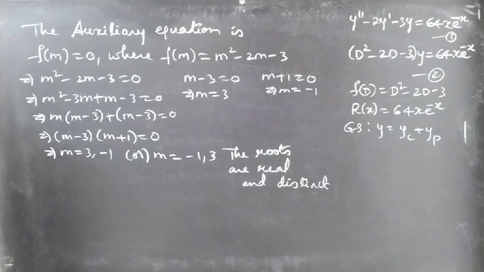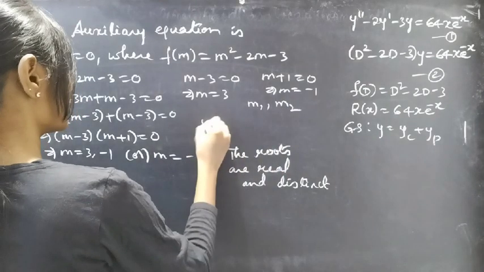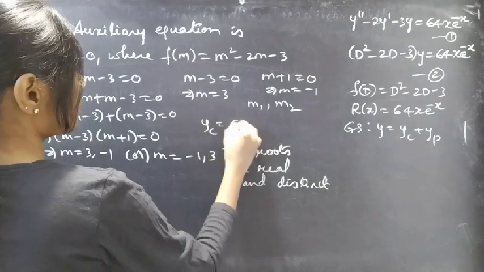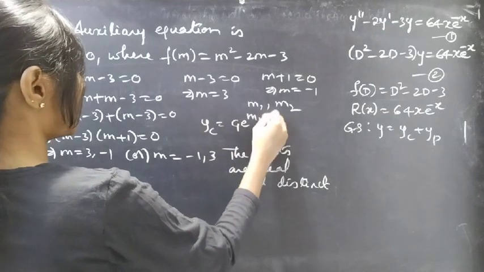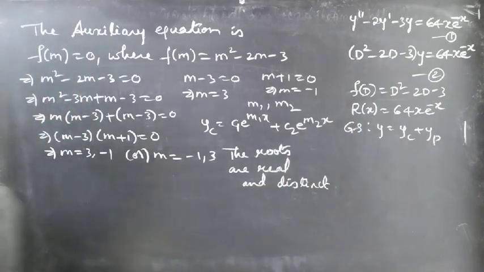We know that when two roots, say m1 and m2, are real and distinct, then yc looks like c1 e^(m1 x) + c2 e^(m2 x), right?